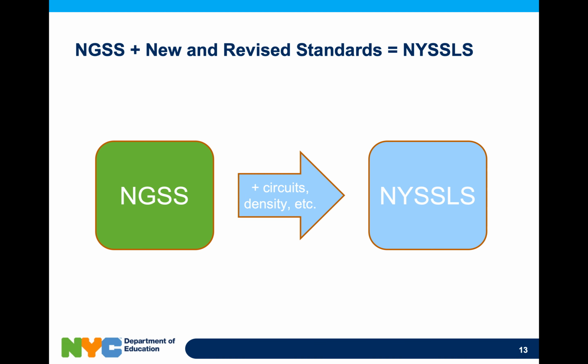Basically, the NYSSLS take the NGSS, make some meaningful changes in language to certain standards, and add a couple of the older standards into NGSS. Those are standards on circuits, density, a couple others. So you take the NGSS, tweak some standards, add a couple in, and you get the NYSSLS. That was adopted by New York in 2017.